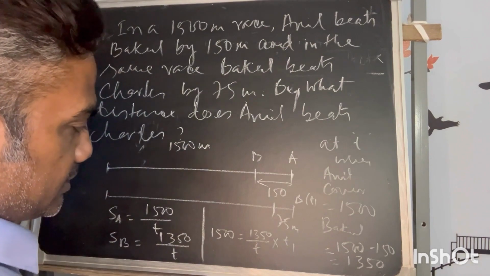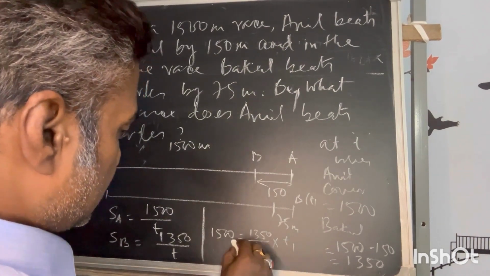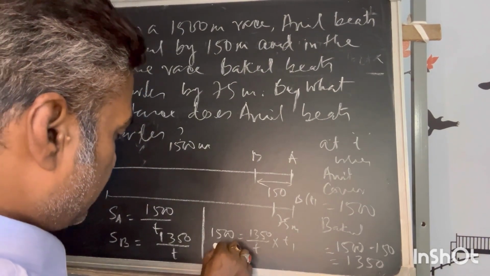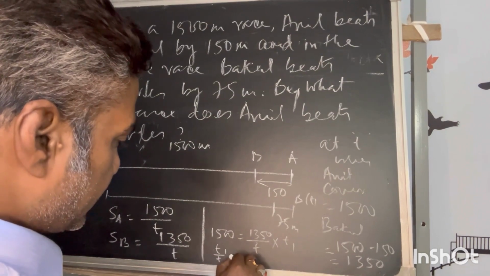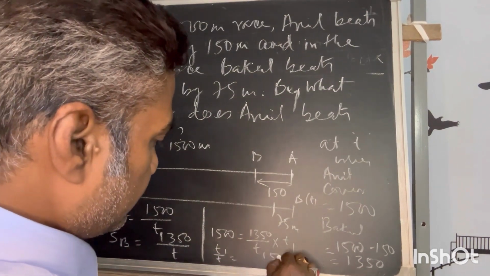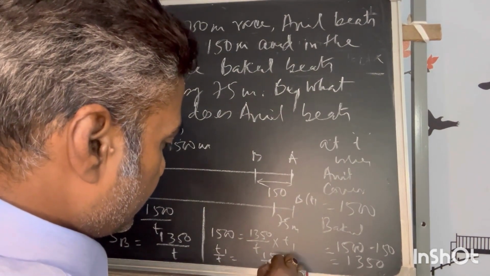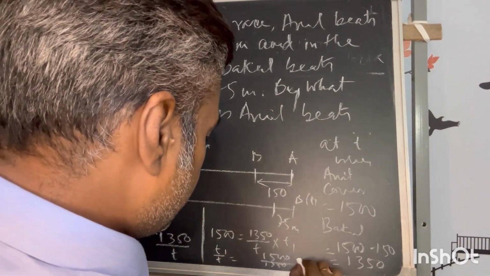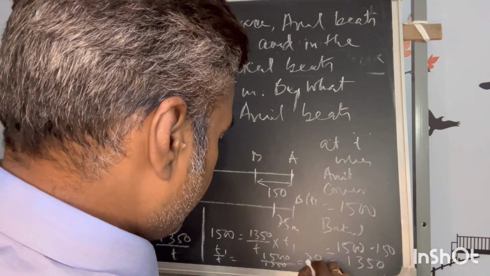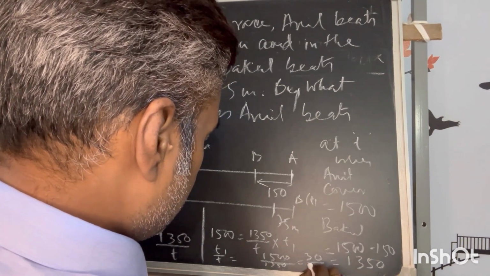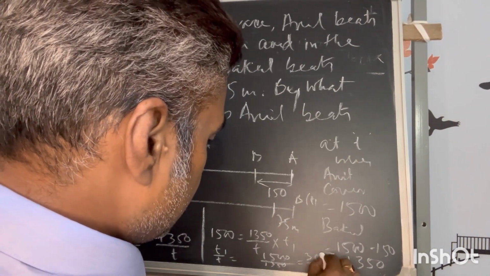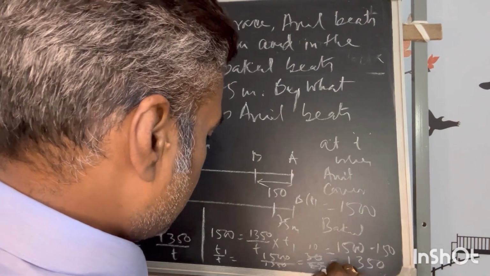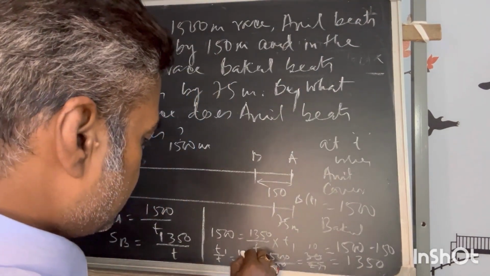So what if I take t1 by t? That will be equal to 1500 by 1350. If I cancel it out, 5 3s are 15, 5 2s are 10, then 10 3 9, 10 by 9. So t1 is equal to 10 by 9 t.